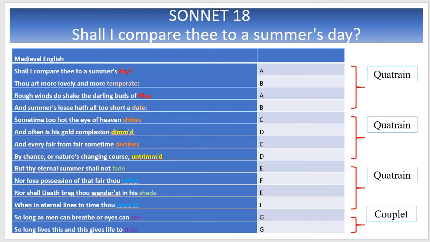The sonnet is divided into 4 parts: 3 quatrains and 1 couplet. Even in the rhyme, the ending sound, it can be said that this sonnet is a Shakespearean sonnet.